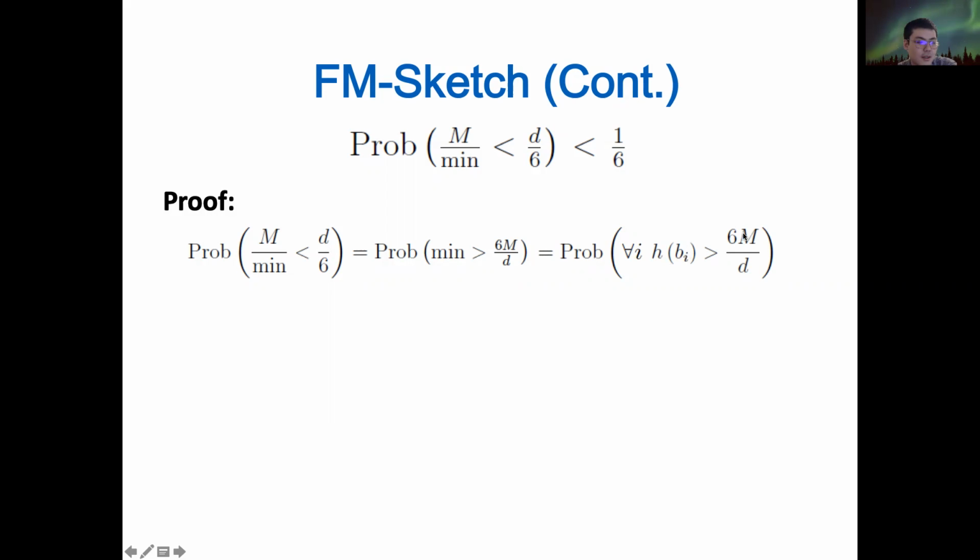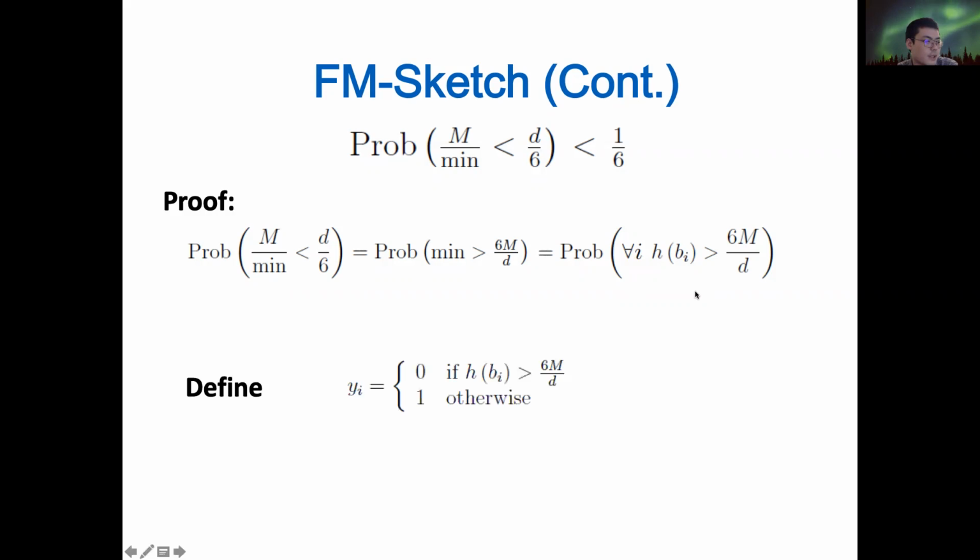If they are all larger than this, of course the minimum is larger than this. So this direction holds. And the minimum also holds, because when we look at each element's hash value, there must exist some B whose hash is the smallest, which is larger than the average one. So these two are equivalent. I hope this is fine.